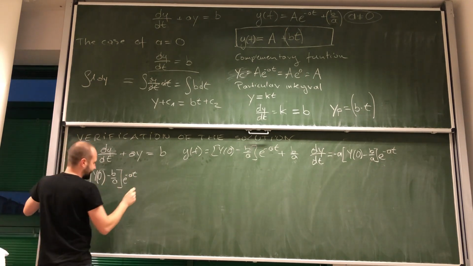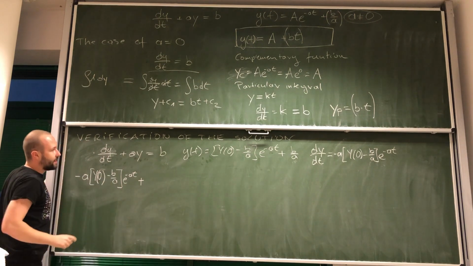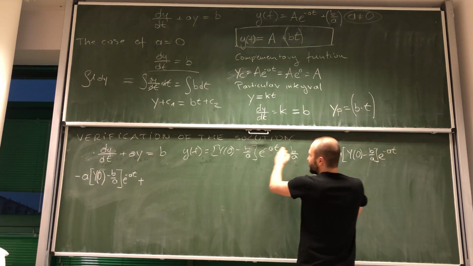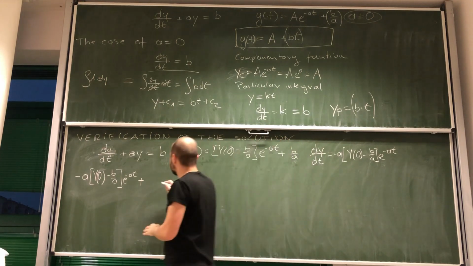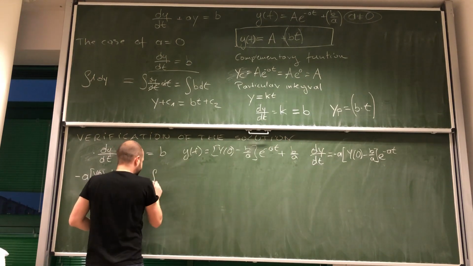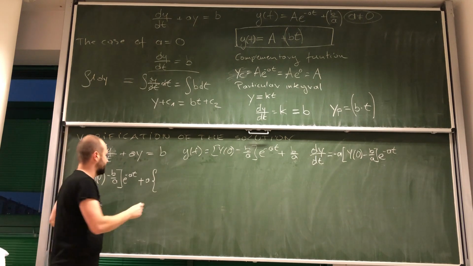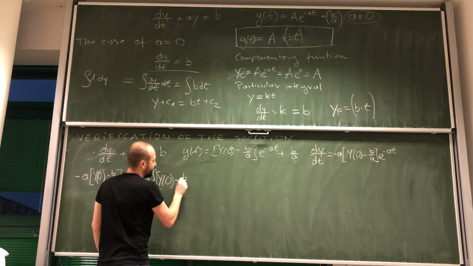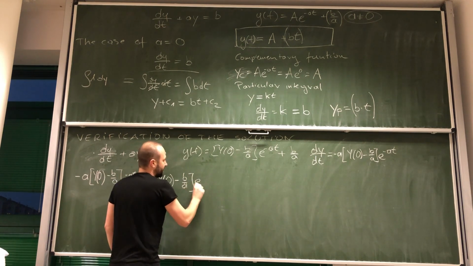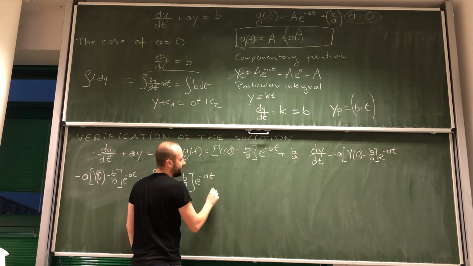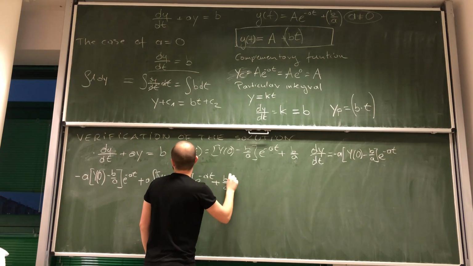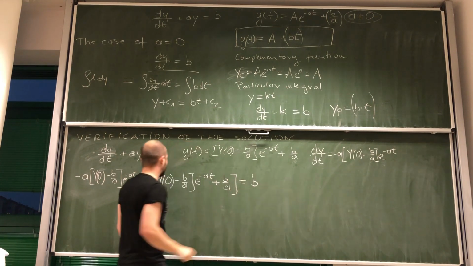Now plus, and now we need to add this whole thing. I'm going to do it slowly in steps. So we've got (y0 - b/a)e^(-at) + b/a, and this should be equal to b.